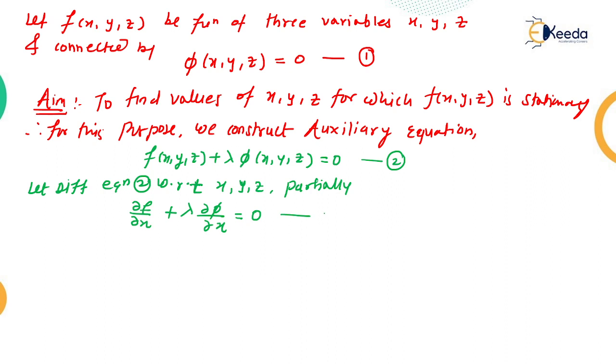For reference, we call this equation number 3. Also, differentiating with respect to y, we get the next equation: del f by del y plus lambda into del phi by del y.